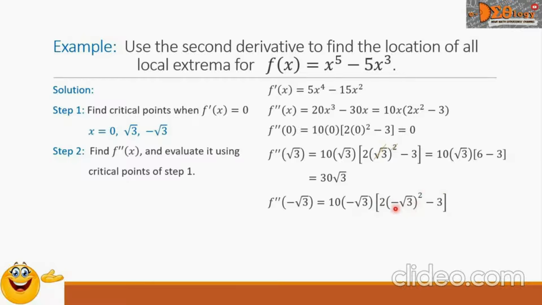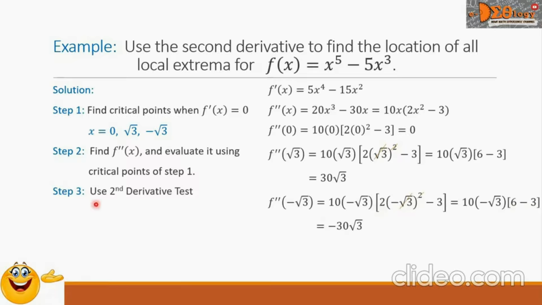But take note, the negative sign becomes positive. So when we cancel it out, the 3 comes out as positive 3 to be multiplied by 2. So we have 6 minus 3. The difference is 3, and that 3 is to be multiplied by 10. Everything is now simplified into negative 30 square root of 3.